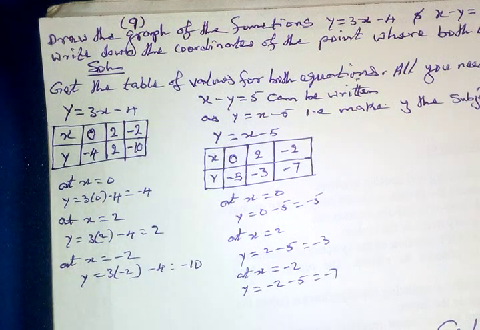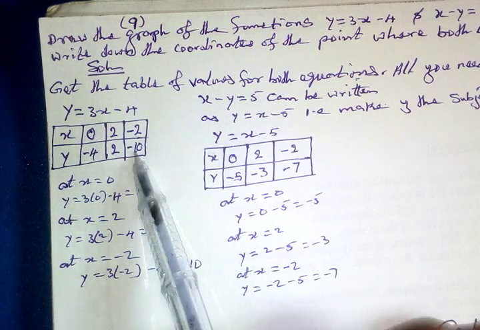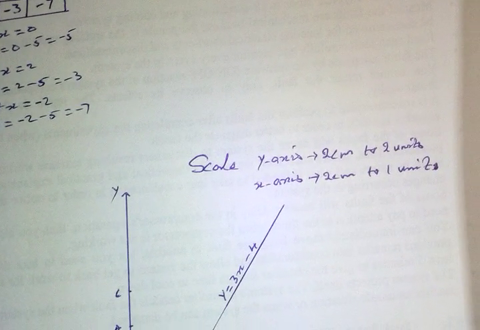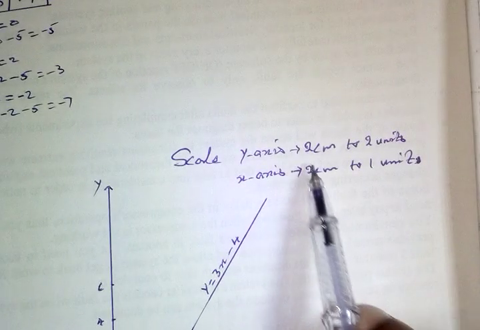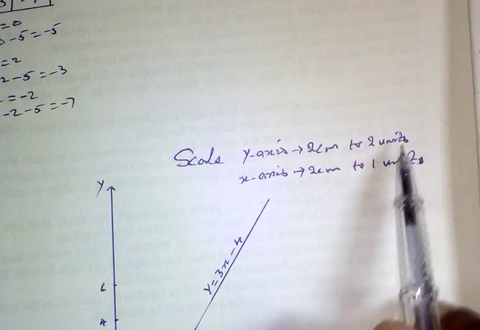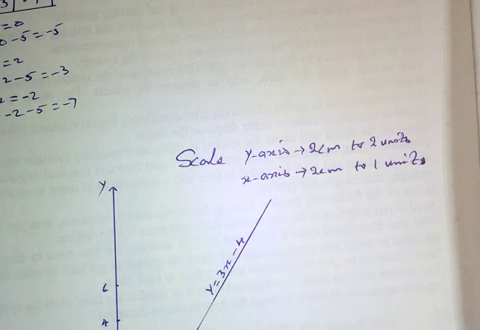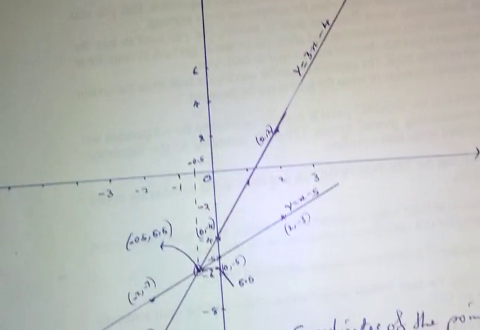So I choose a scale such that I will accommodate this value in my graph. On the y-axis, I choose a scale of 2 centimeters to 2 units, and on the x-axis I choose a scale of 2 centimeters to 1 unit.